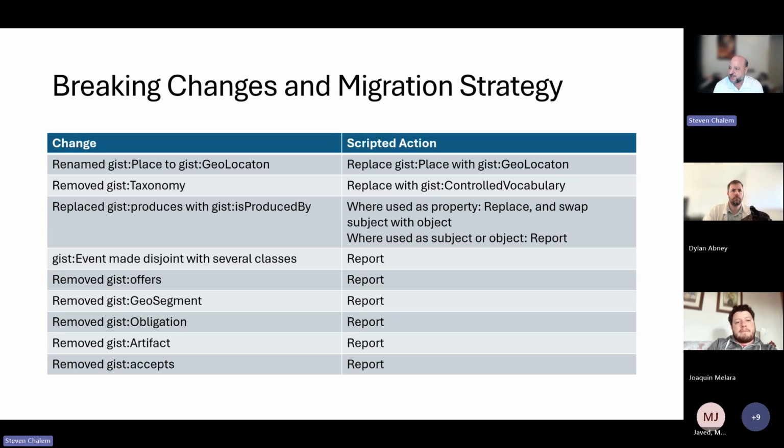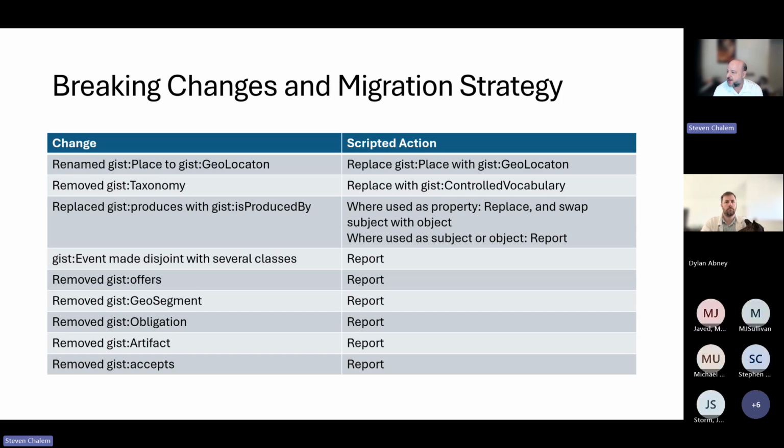We removed the taxonomy class, and I haven't mentioned that yet, but taxonomy was a subclass of controlled vocabulary. We decided there wasn't any important distinction we needed to create there, and that we would just eliminate taxonomy. And then anything that's been declared as a taxonomy, we just move that up and change that to controlled vocabulary.